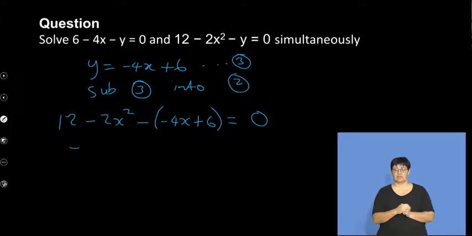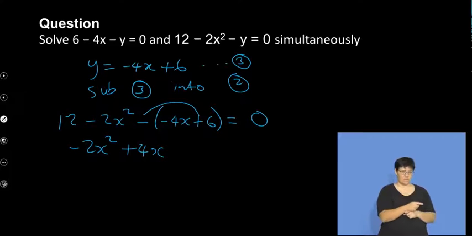Let me just rewrite this properly. Negative 2x squared, and this will give me 4x, so it's plus 4x. It will be negative 6, and the 12 there, which will give me plus 6, equal to 0.